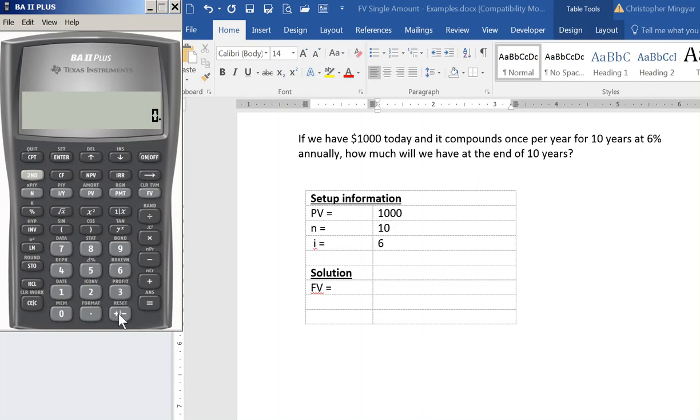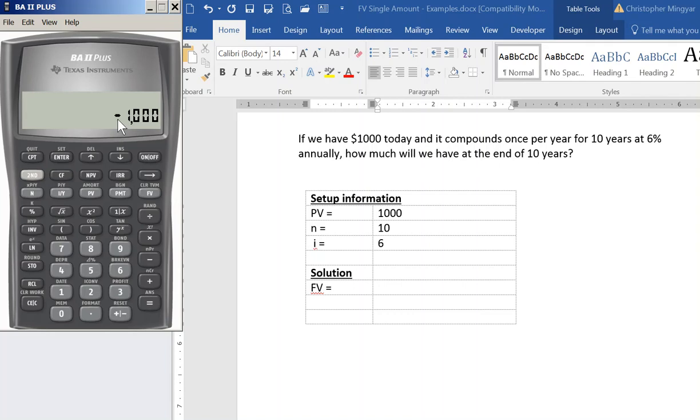Present value is 1,000. I'm going to change the sign to make it a negative, signifying an outflow. Remember, when we're using these buttons, and it works the same way in Excel and other calculators, it assumes the money is being invested, going out, and then we have money coming back, coming in, and so it distinguishes that outflow and inflow of cash by using a negative to indicate an outflow and a positive number to indicate an inflow.